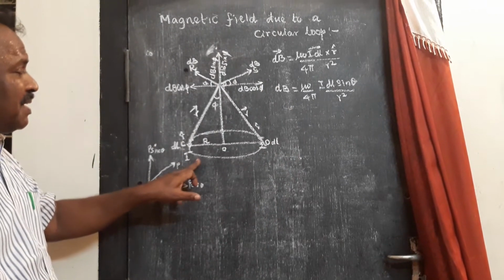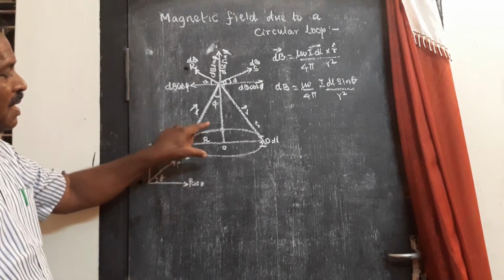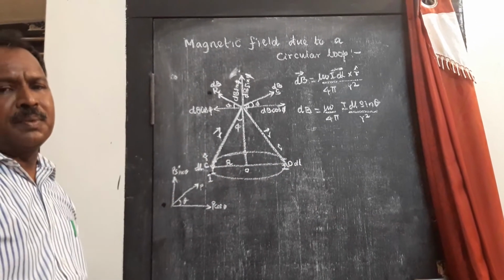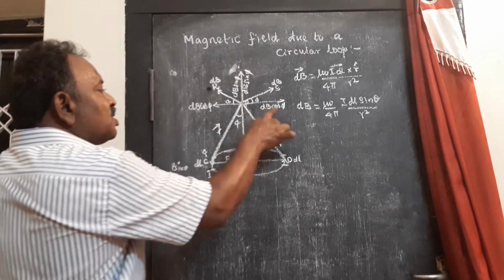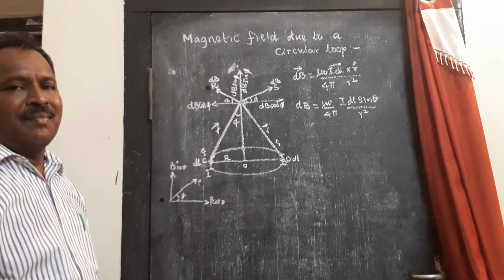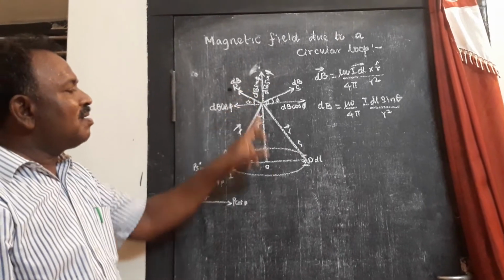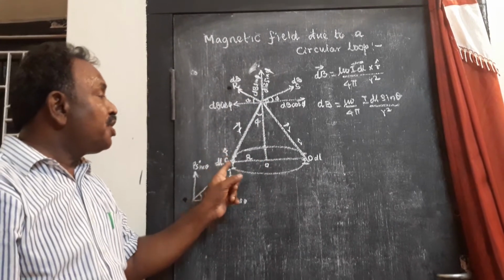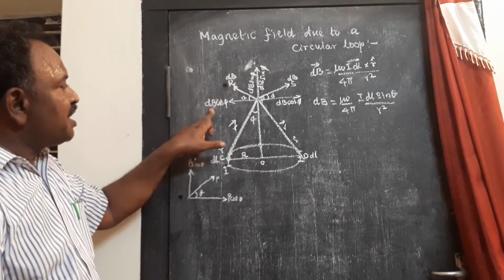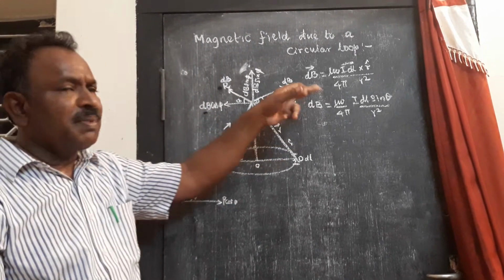So when you consider diametrically opposite elements over the entire loop, all the horizontal components get cancelled. Only the vertical component contributes to the magnetic induction. So this dB cos phi and this dB cos phi get cancelled.